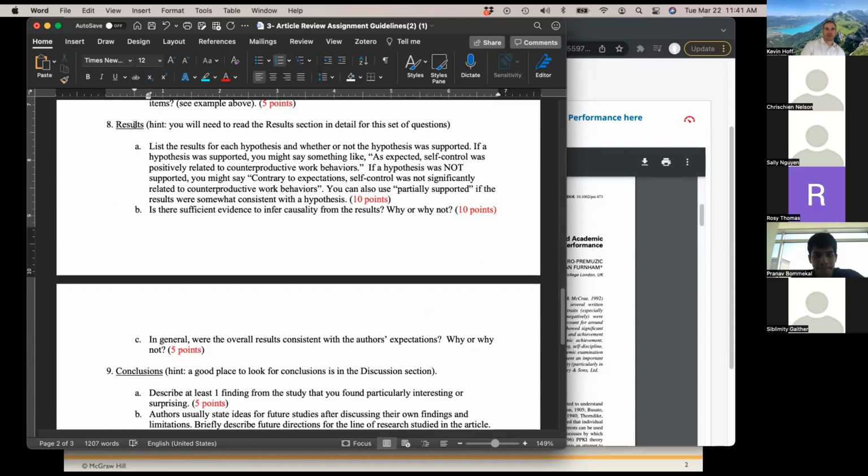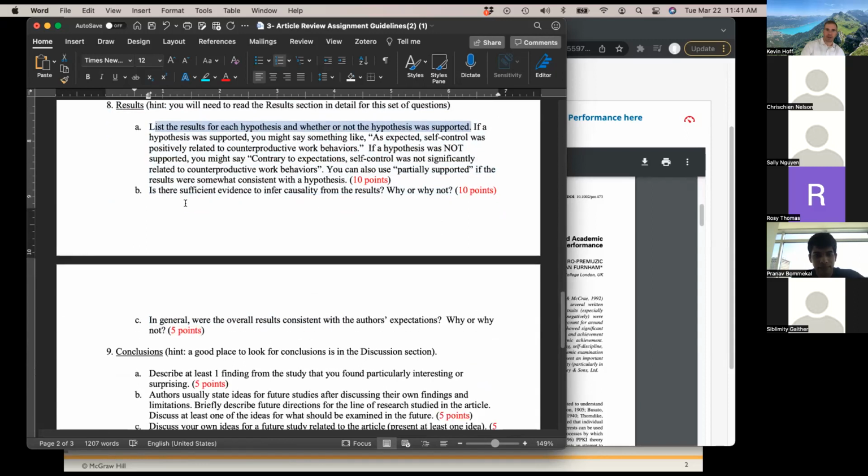Then you'll have to go through the results and list whether the hypotheses were supported or not. Here's a question that asks about causality. We've talked about causality a lot in the past few weeks, and how certain research methods, in particular experiments, are really the only thing that you can do to infer causality.